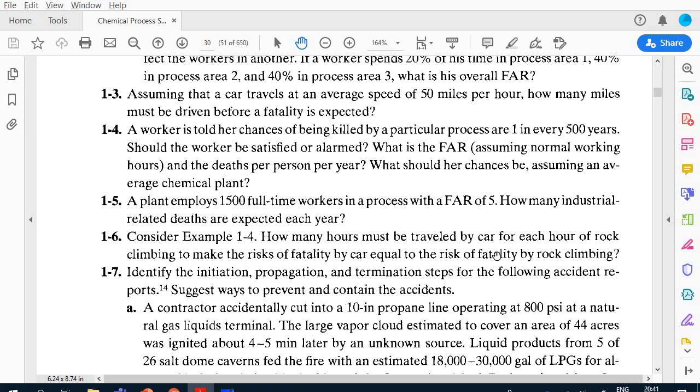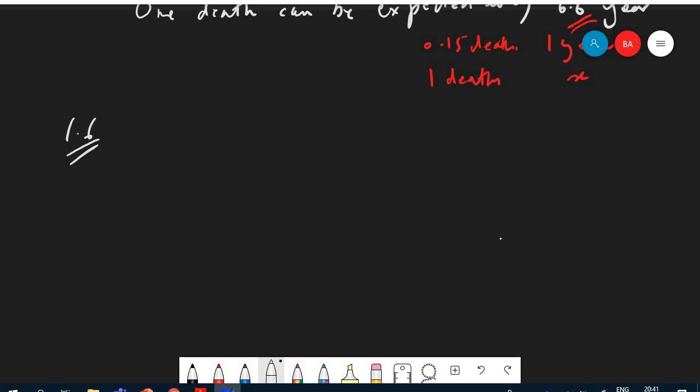How many hours do you need to travel by car to have a similar effect? If I talk about the FAR of rock climbing, in which you do this thing rarely, and that's the idea of the question, it is 4,000.